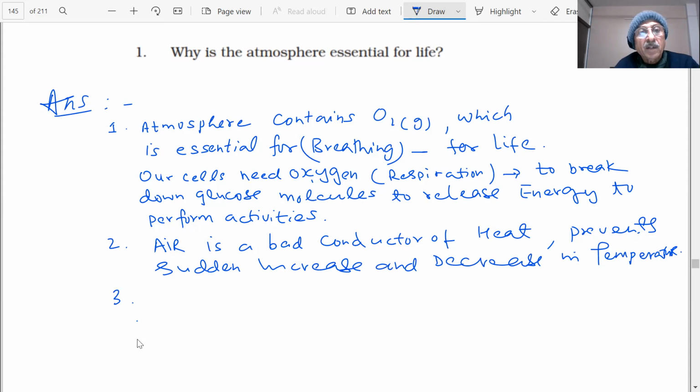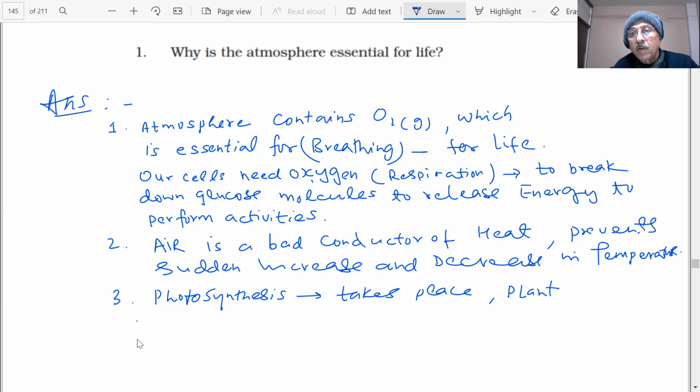And also you are saying photosynthesis takes place when plants take CO2 gas, carbon dioxide, and sunlight. So all these few things we have discussed.